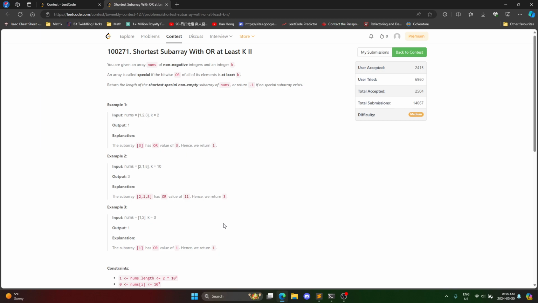Now I think there's a two-pointer approach to this. And the idea is that like you start with the starting point being first element and then you figure out the minimum index. And you keep track of the count of bits individually. So like when you shift your starting point to the second element, you take all the bits that are on in the first element, you move their count and see if the bitwise OR is still the same.